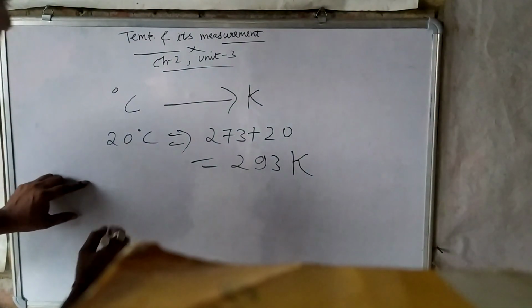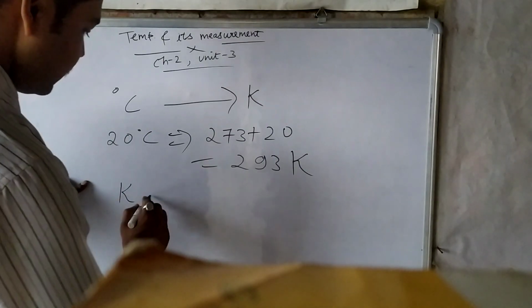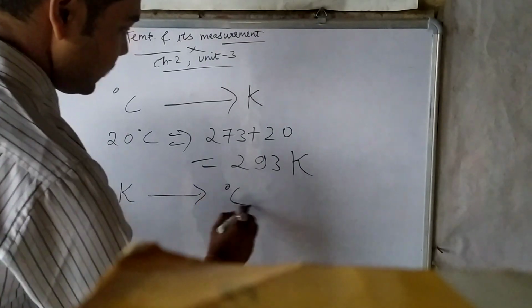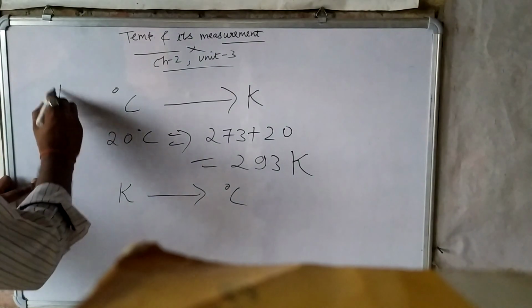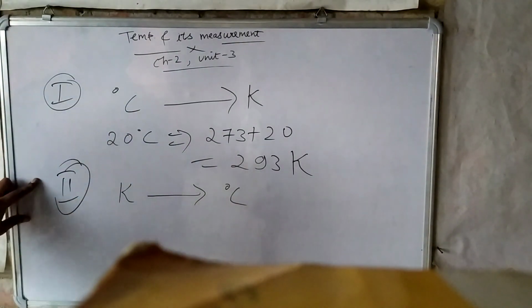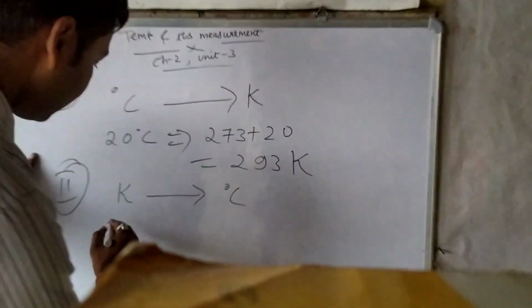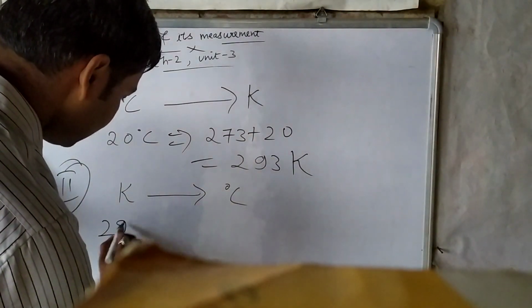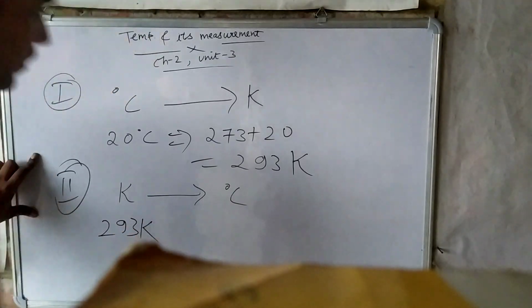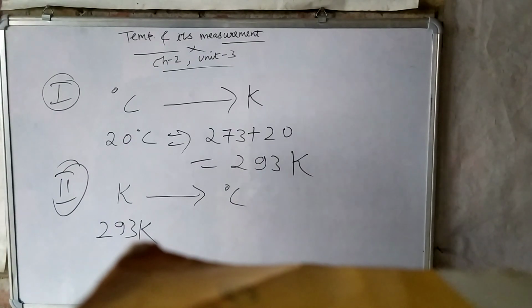Now this is the second type: converting from Kelvin to degree Celsius. For example, we have a temperature of 293 Kelvin and we want to convert it to degree Celsius. What will we do?